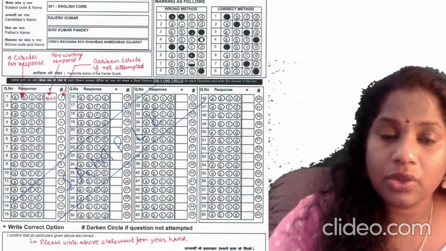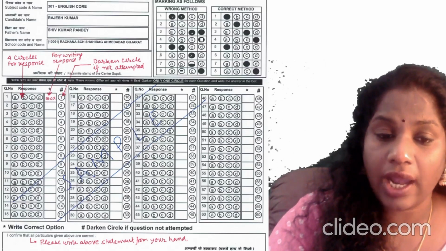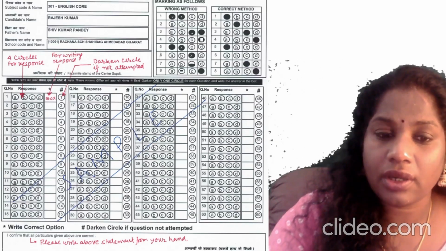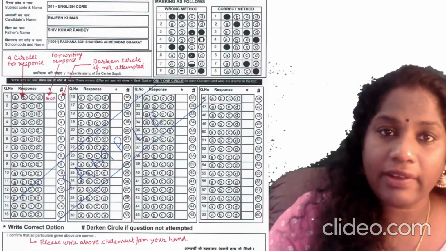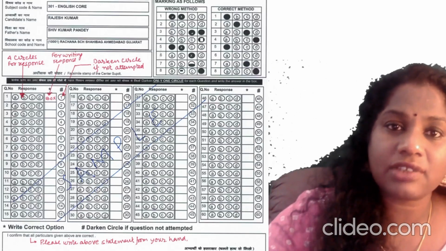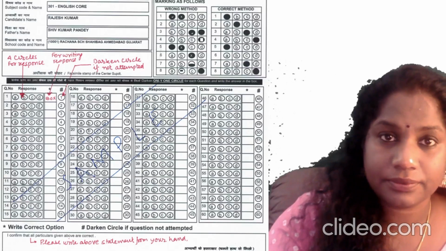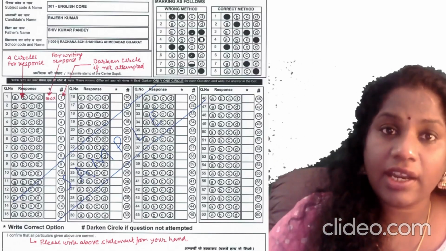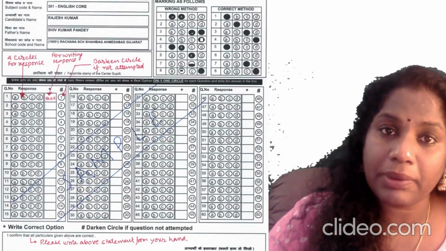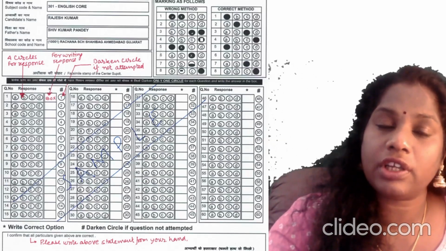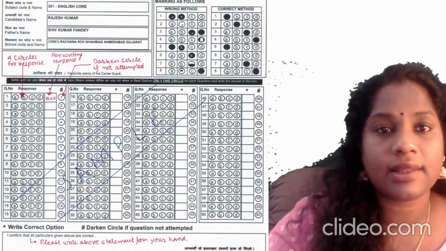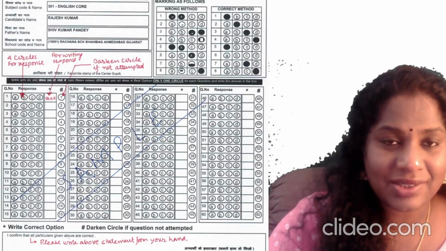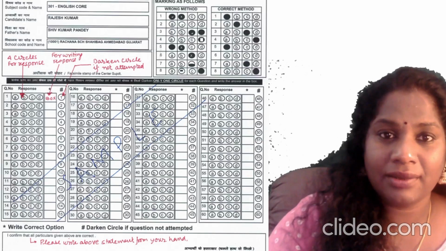Suppose you fill up your 45th answer and you feel, I think my answer is wrong. Let me just cross 45, go to 46, make it 46 and fill there. Not possible. They are not even going to consider it. If there are 45 questions in the question paper, they will check only 45 circles in this OMR sheet also. Clear? So that has to be perfectly done.